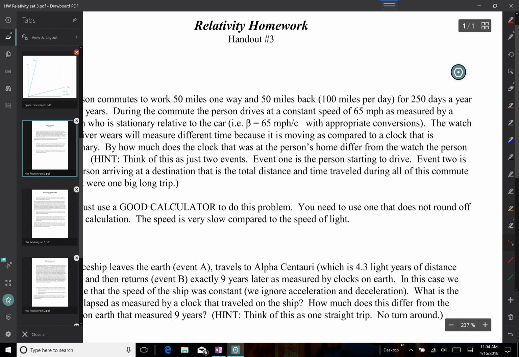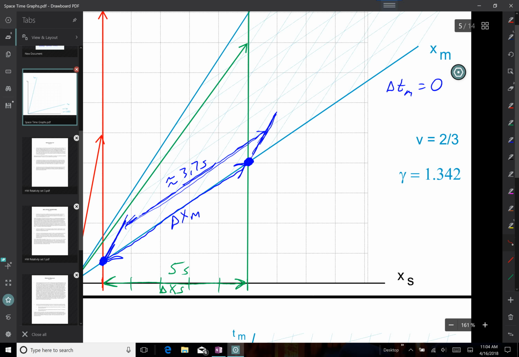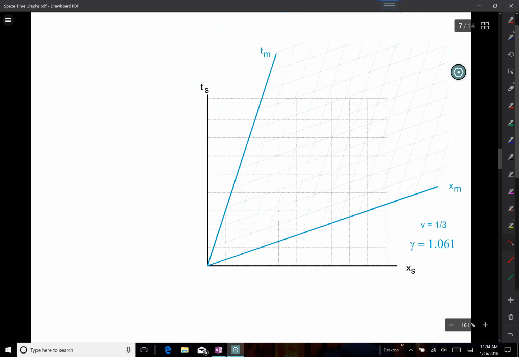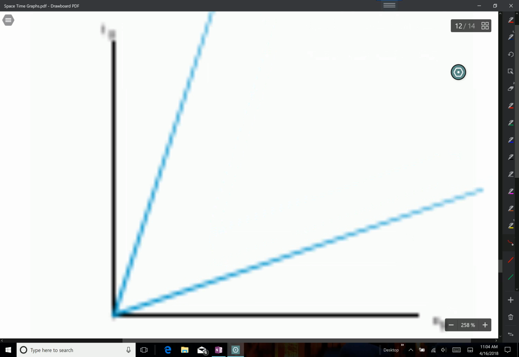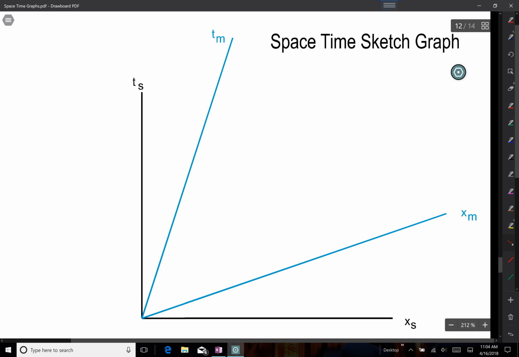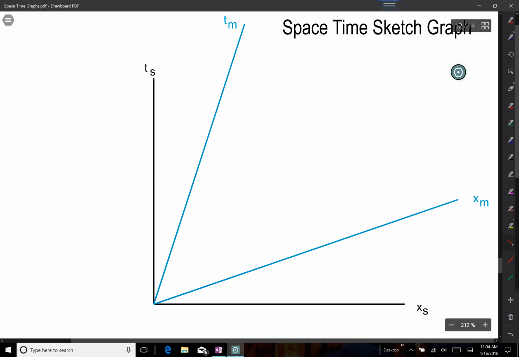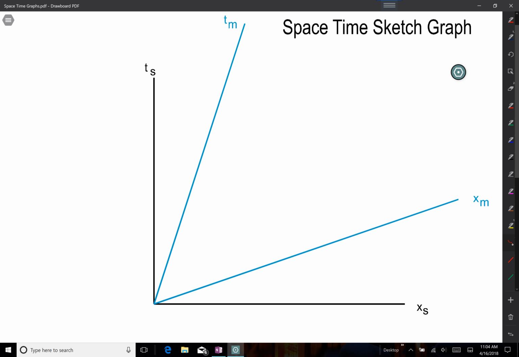We don't have a special diagram for such a low velocity. So here's a sketch diagram. And so we have the car and the person driving in the car.